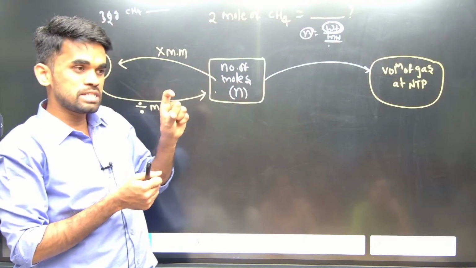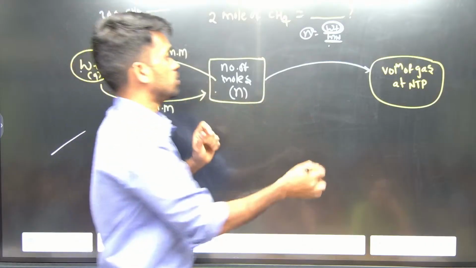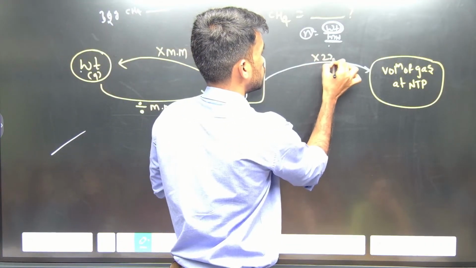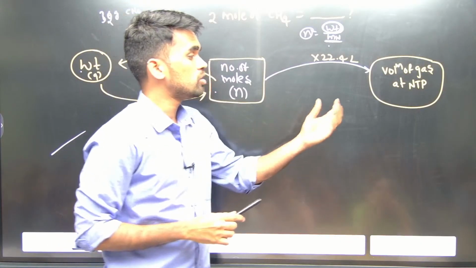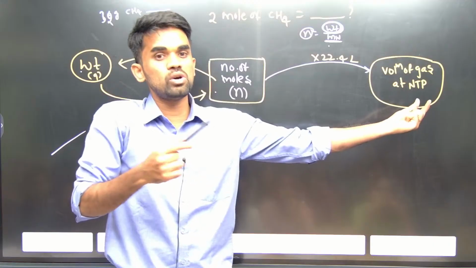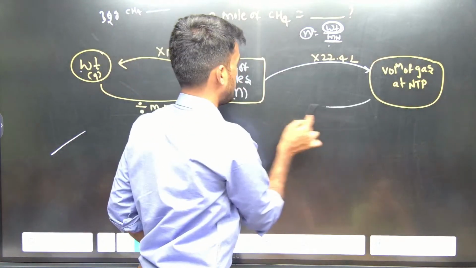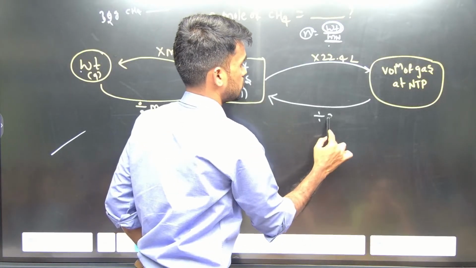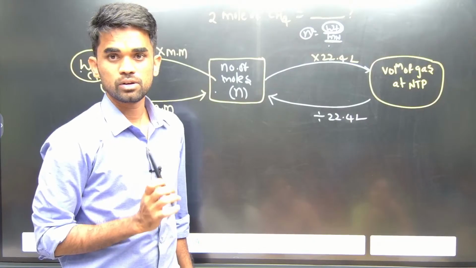So n moles occupies n into 22.4 liters. Okay, now I am giving you the volume of gas at NTP. How many moles will it be? Divided by 22.4. So from here to here it will be divide. Is this clear? Okay, next.